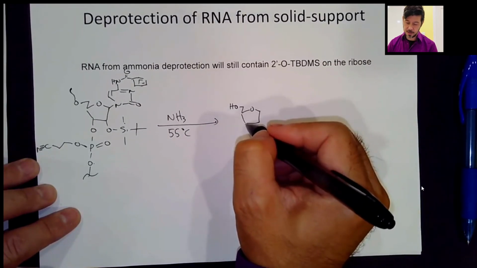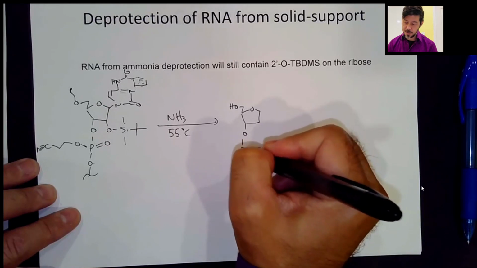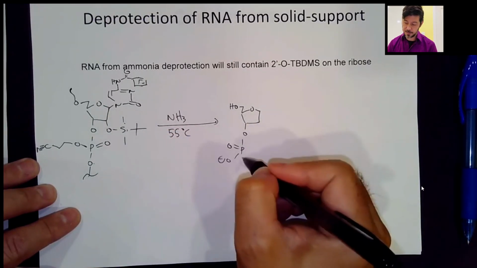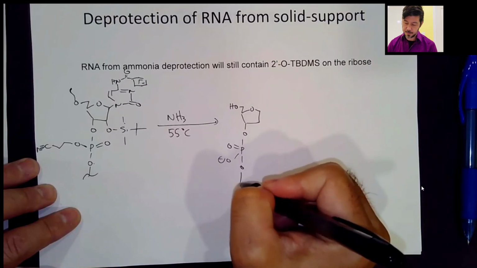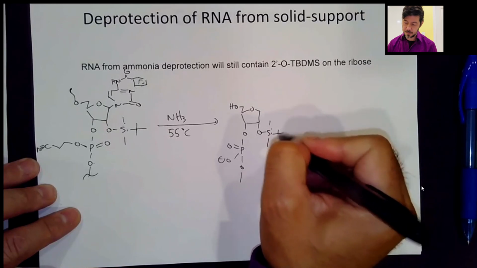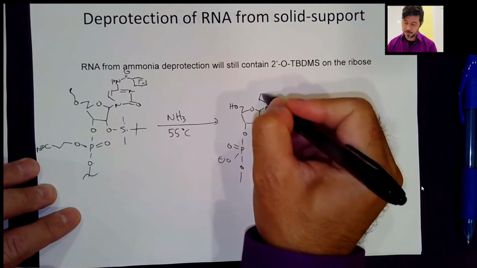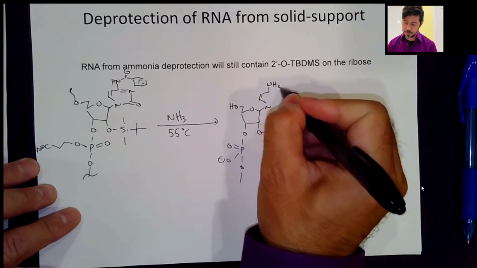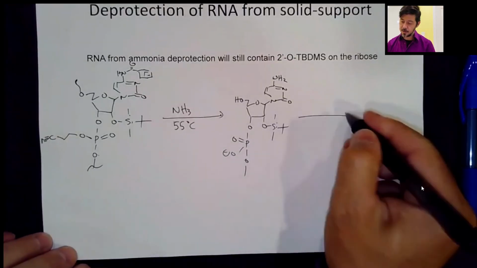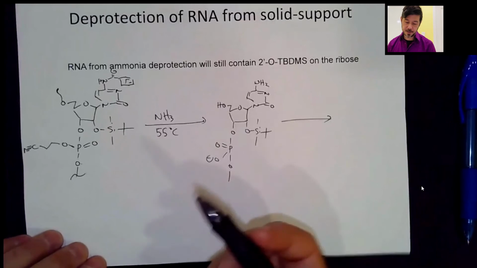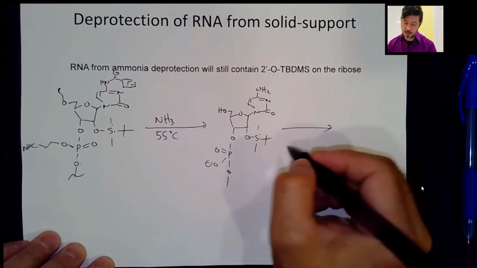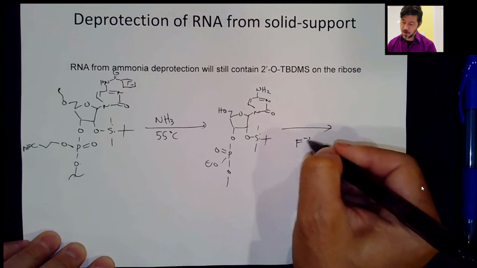And at this stage here, we're going to use a very specific chemoselective reagent to remove the silicon protecting group. And we're going to use fluoride anion.